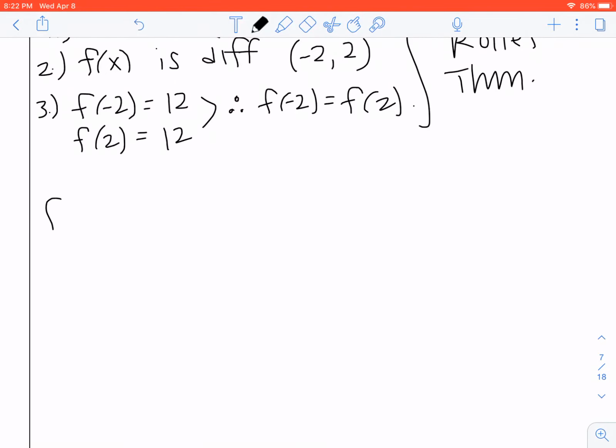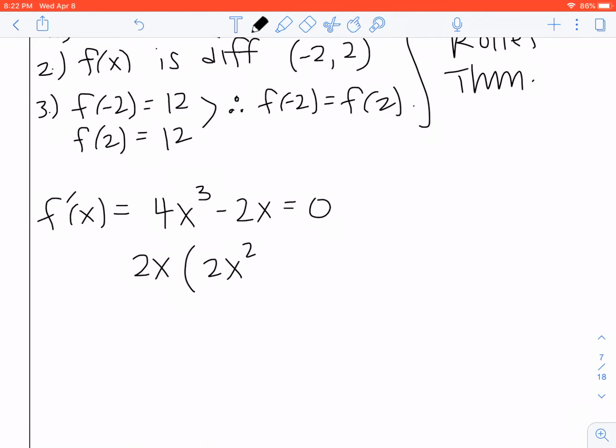So the derivative f'(x) is equal to 4x cubed minus 2x equals 0. And setting that equal to 0, and factoring out the GCF of 2x, we get 2x(2x squared minus 1) equals 0.